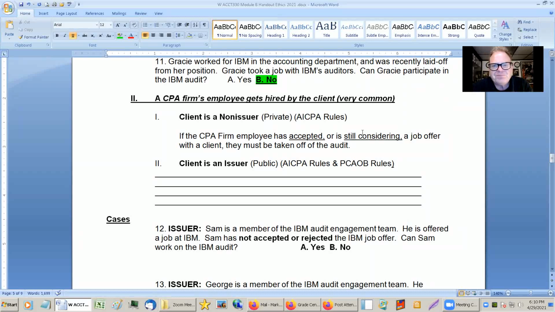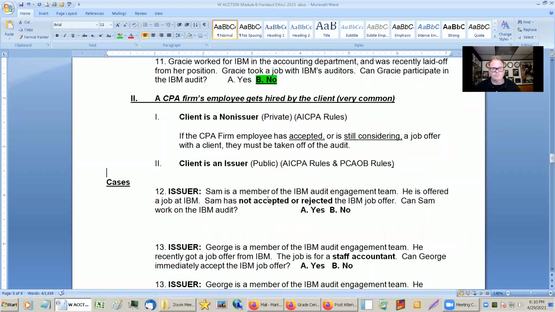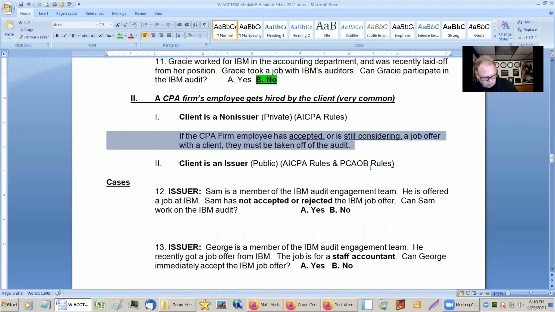But yeah, so okay, they must be taken off the audit. Now, issuer. This rule still applies.